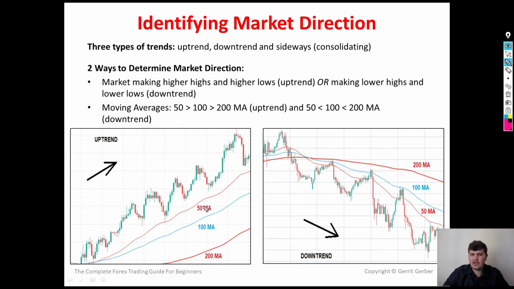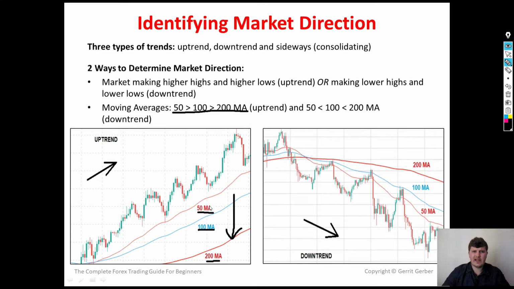Now, how you can determine the trend direction for uptrends is when the 50 moving average is above the 100 moving average and is above the 200 moving average. So the 50 is at the top, and it's just getting lower the lower you go.